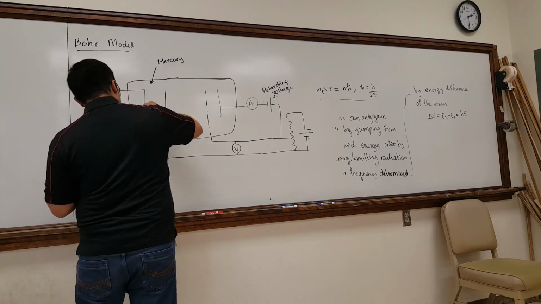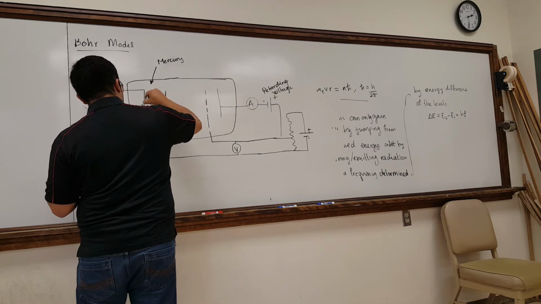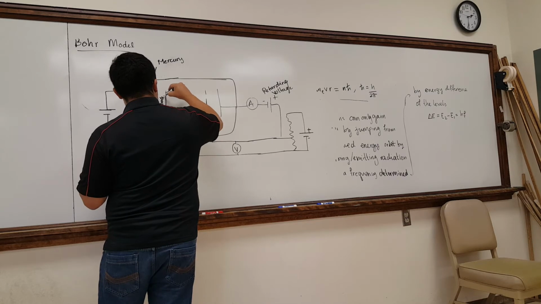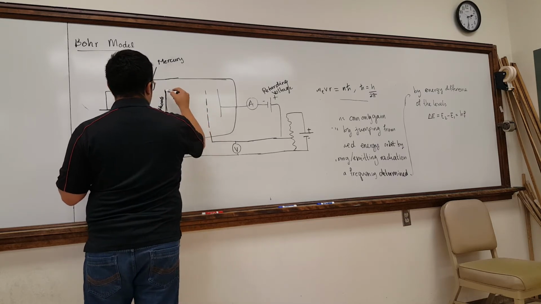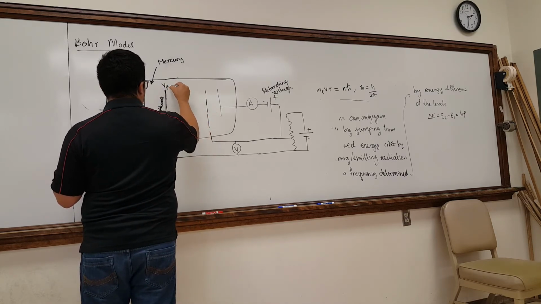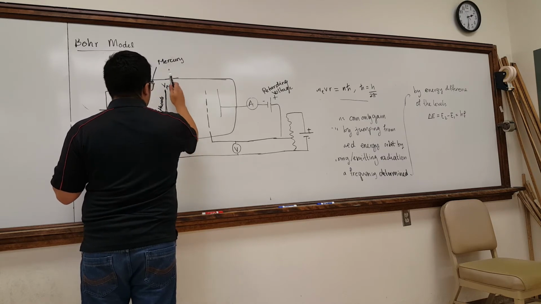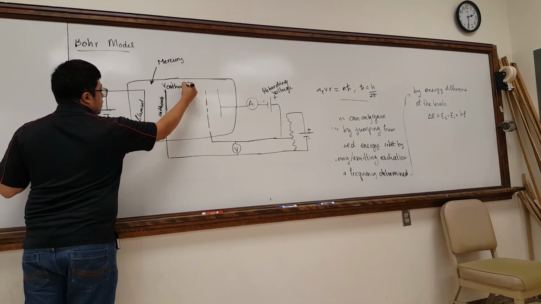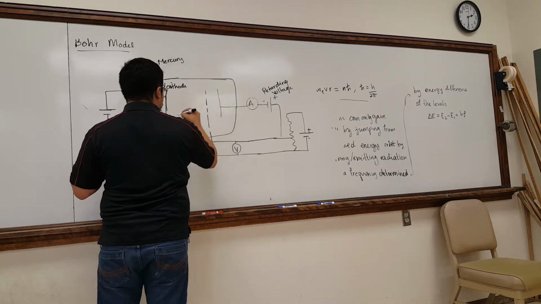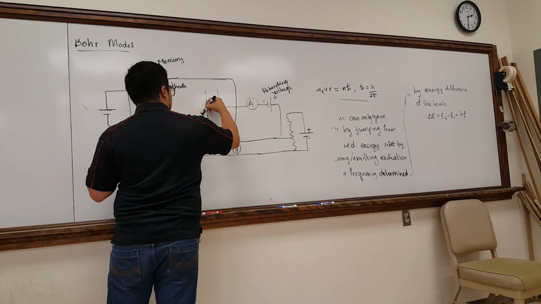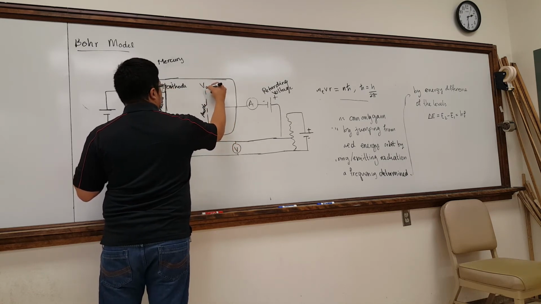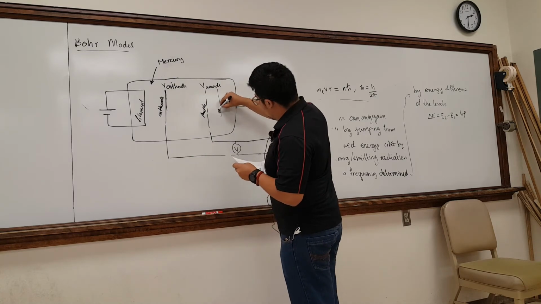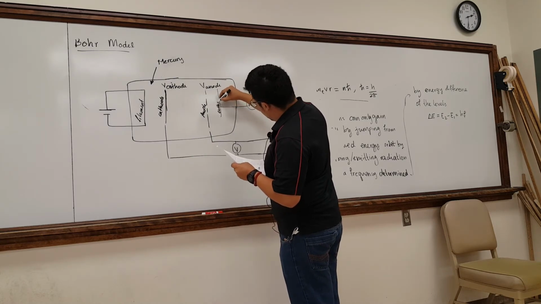You have this, which is a filament, and it's a cathode, which is a plate we're going to keep at a negative potential. So we say cathode, and then this is going to be the anode, and then we call this the collecting plate, collector plate.